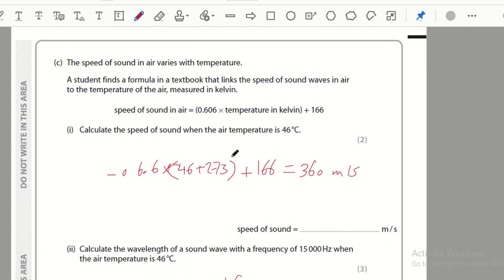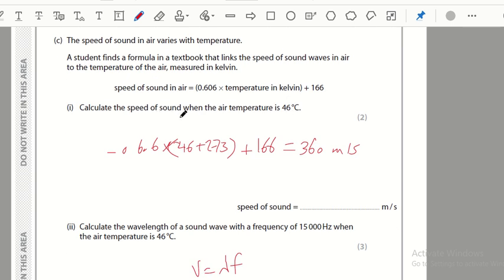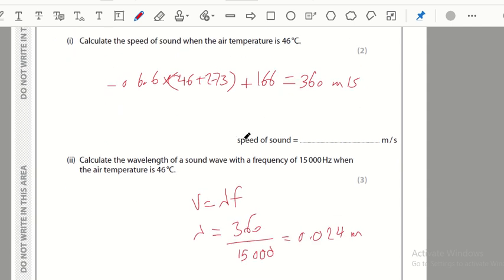Speed of sound varies with temperature, and the student finds this equation that predicts the change, and he wants to calculate the speed of sound at 46 degrees Celsius. We will substitute in the equation, but we should take care that temperature in the equation is in Kelvin, so we should add 273 and then multiply by 0.606 and then add 166.